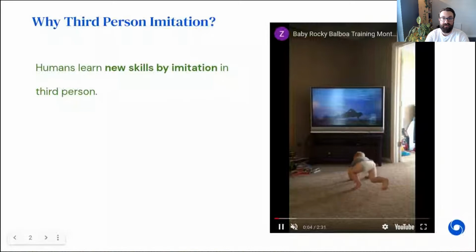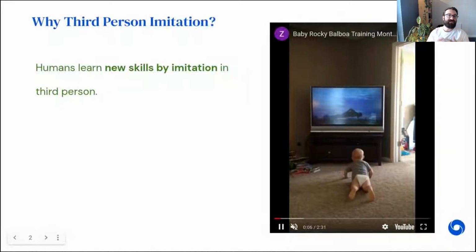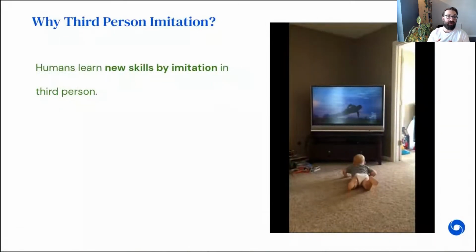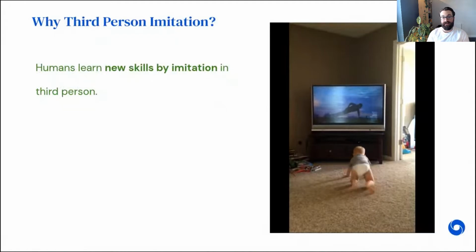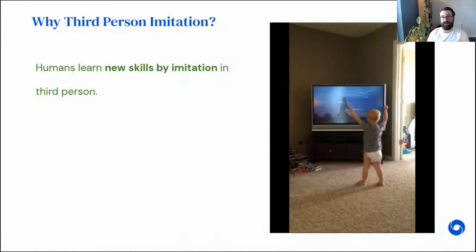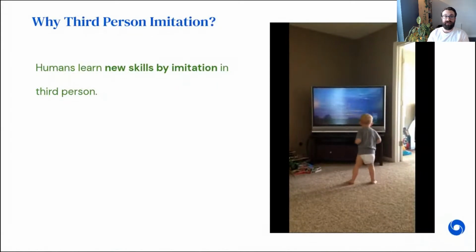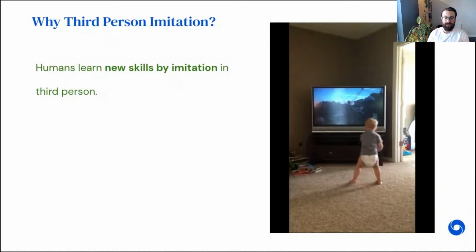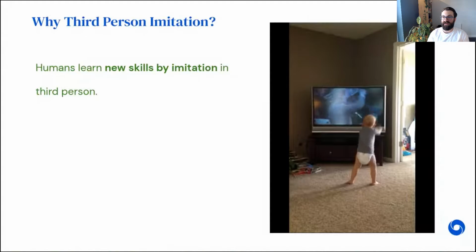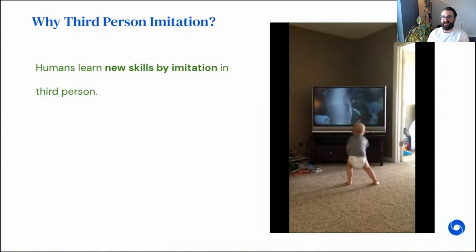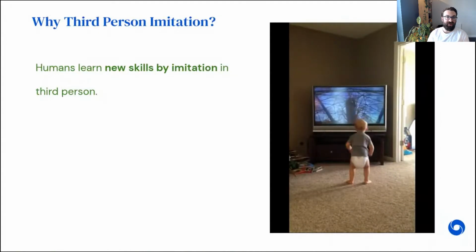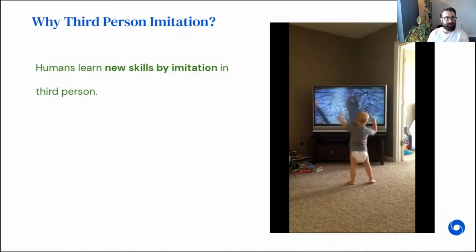Let me start with some motivation first. Why are we interested in third-person imitation at all? I'll start by saying that this is a natural skill for humans. Humans learn new skills by imitation in third person all the time, and we do so from a very early stage, as demonstrated also with this cute video of this aspiring Rocky on the right here.